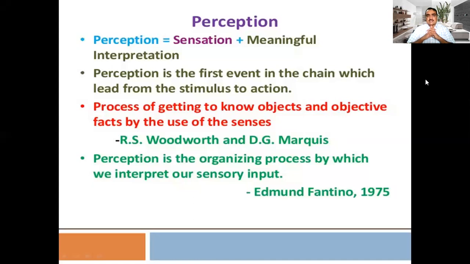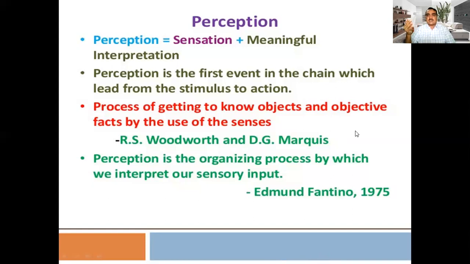So what actually perception is, let us try to understand along with its meaning as well as some of the available definitions. Later we shall see the next part of attention in another form. So perception in a very general sense can be defined as sensation plus meaningful interpretation.